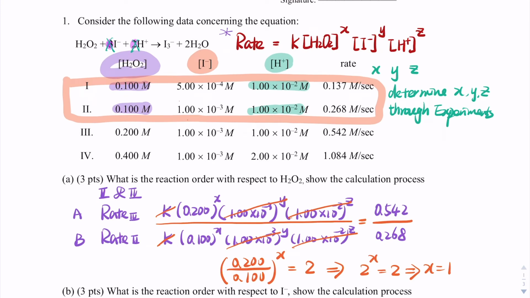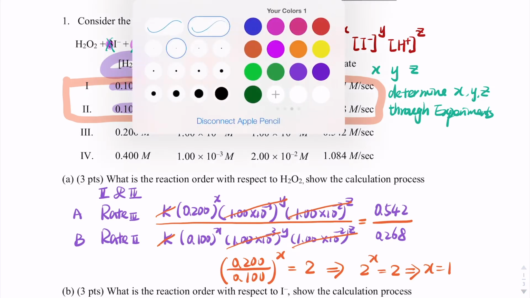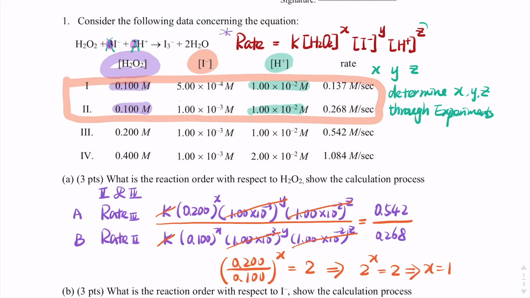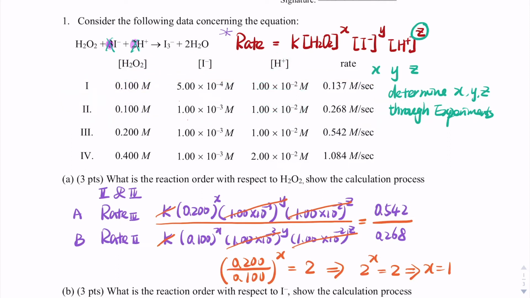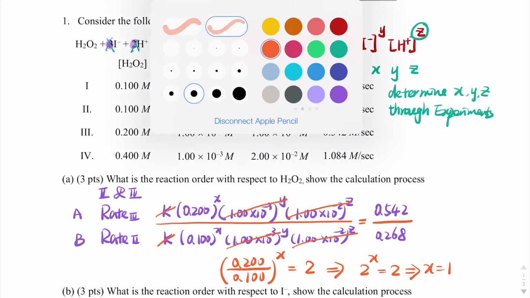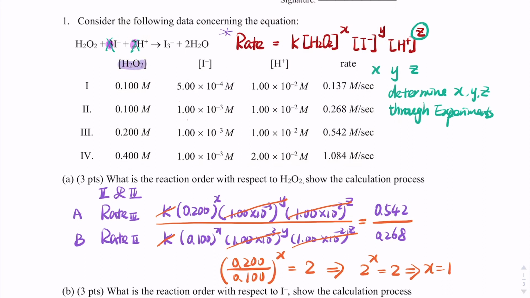The last piece, we'll use z. So you can figure out z. Let me erase whatever we have and try to use the same logic. The logic will be you're going to keep H2O2 constant. So you go with 1 and 2.